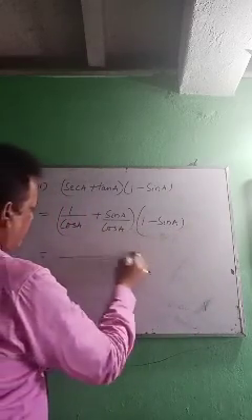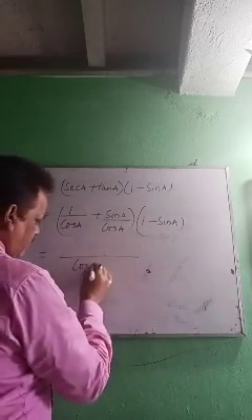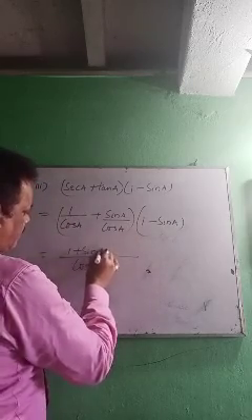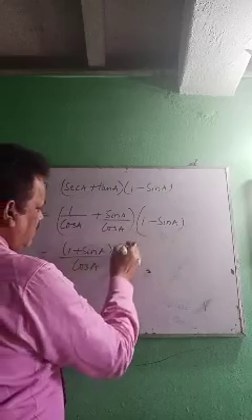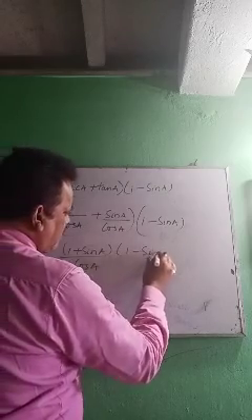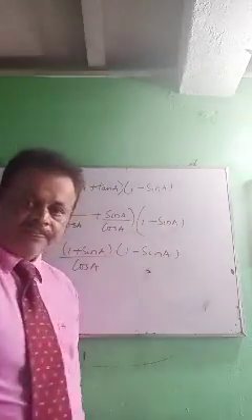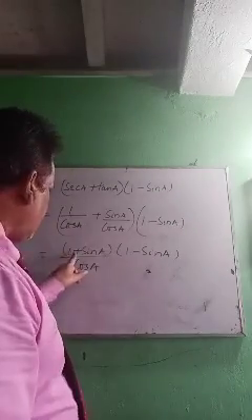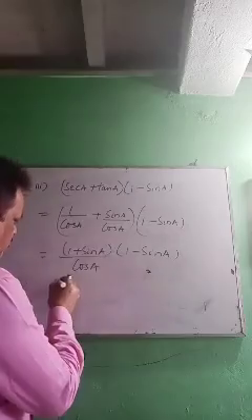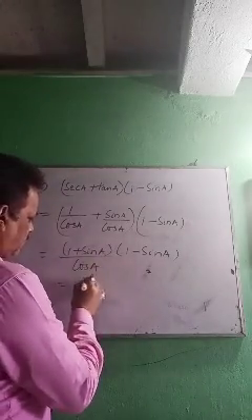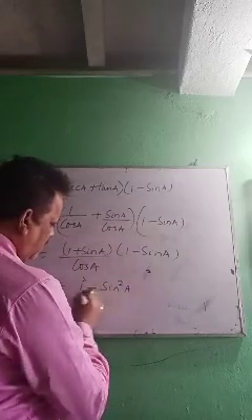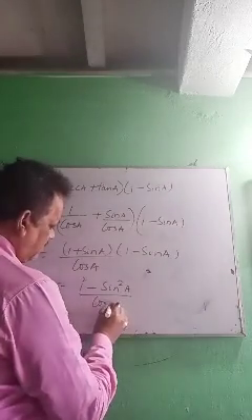Okay, LCM is cos a, this is 1 plus sin a, this is 1 minus sin a. Okay, then what did you get? a plus b, a minus b, a square means 1 square minus sin square a by cos a.